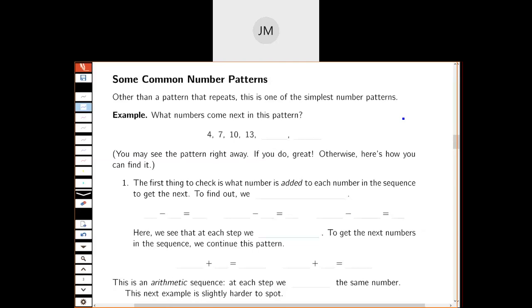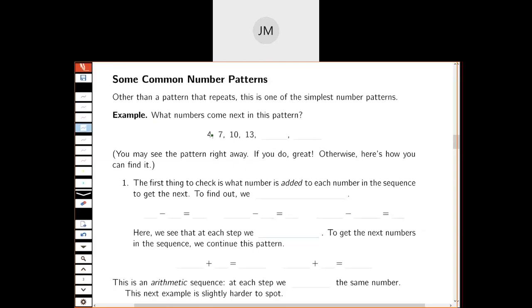So maybe you can just type them in the chat. 16, 19, good. So let's look at how you might get that.